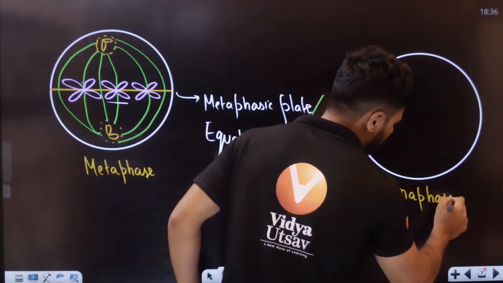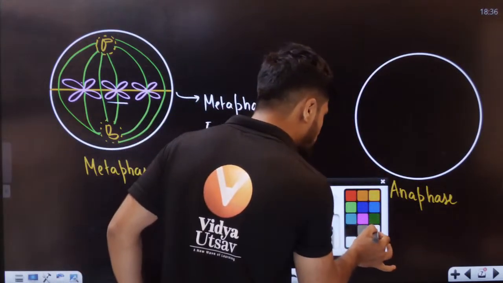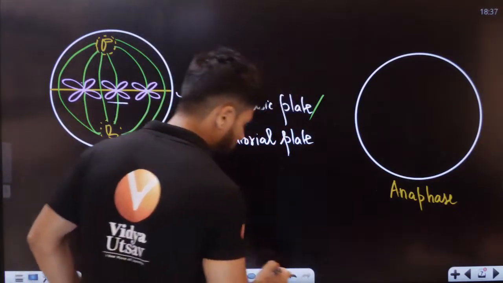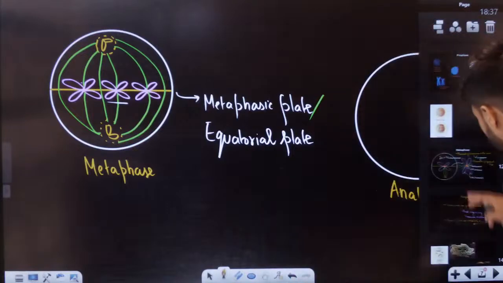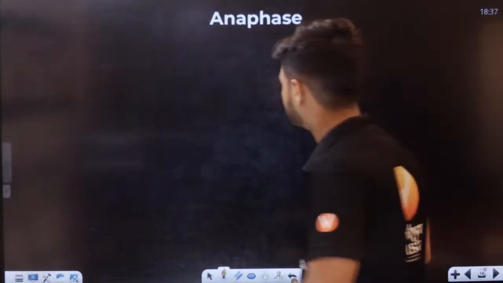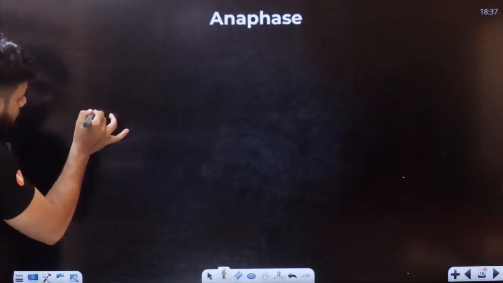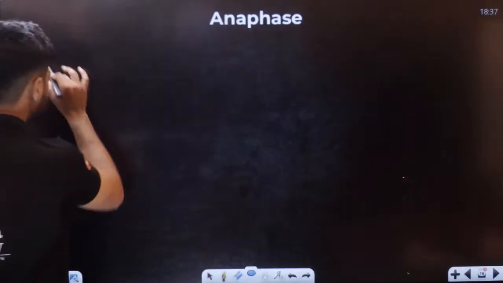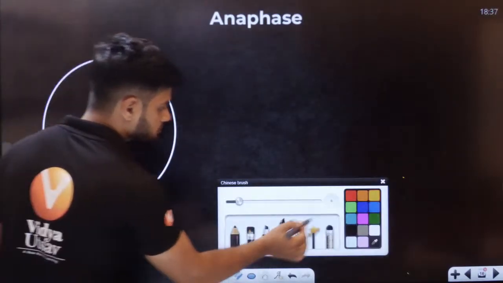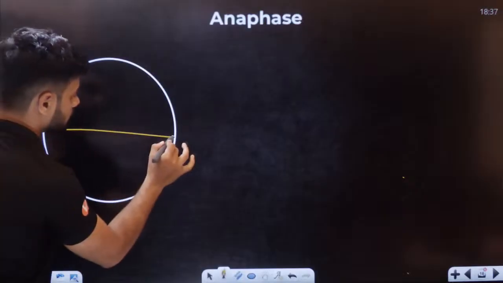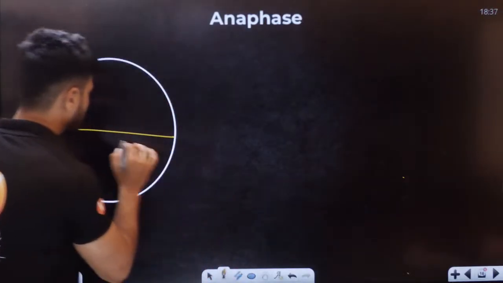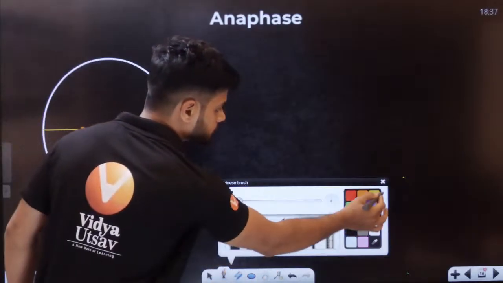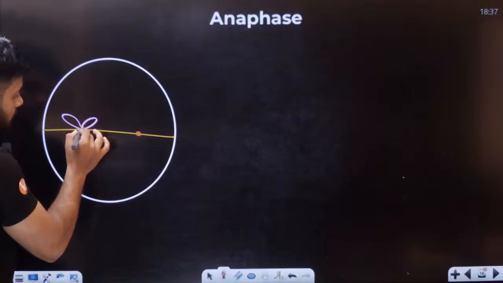In the case of anaphase, what is happening, students? Please understand, if this is the chromosome right now, here we have the centromere. Here we have all the chromosomes.